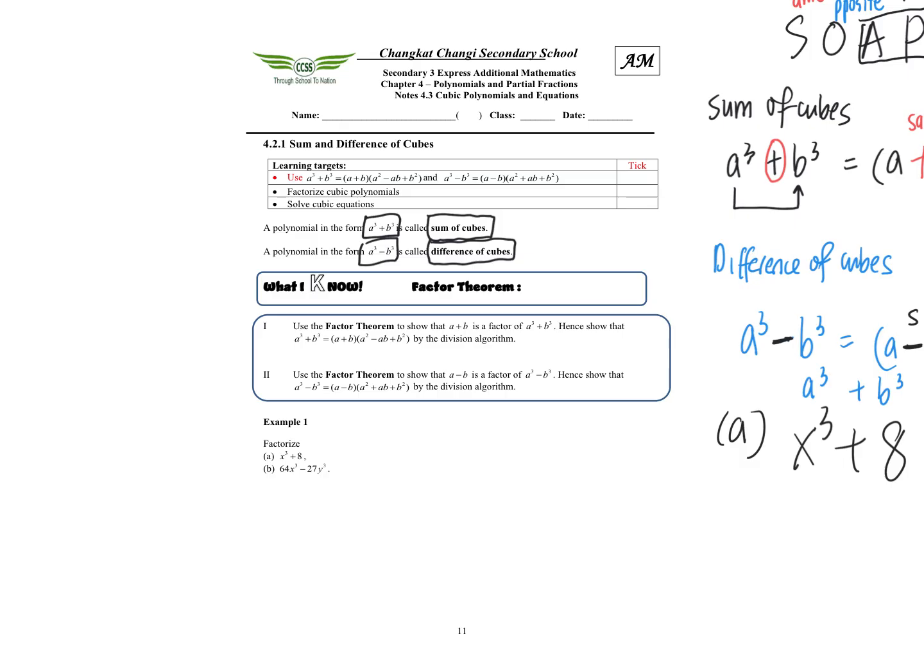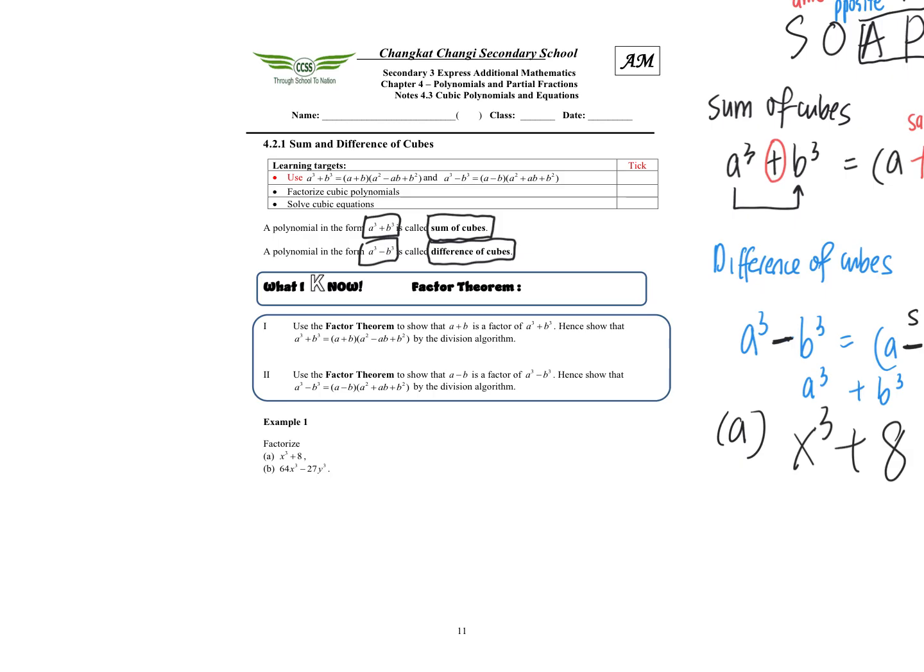Can you see the a's? A is your x. Okay? B is your 2. So if you just put in your values, then the sign will follow. Same sign, opposite, always positive. So your factorization is just like that.